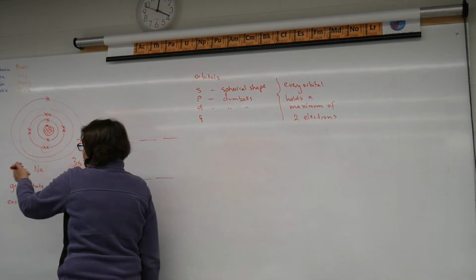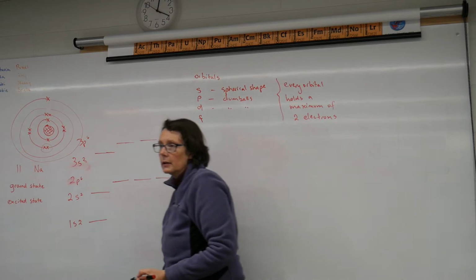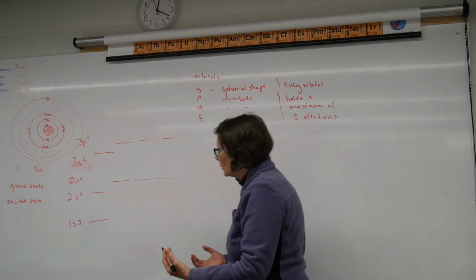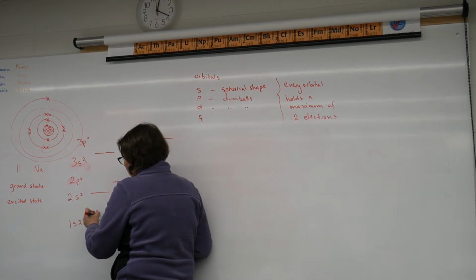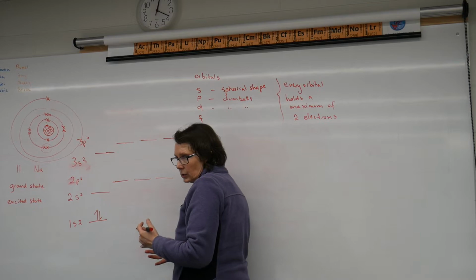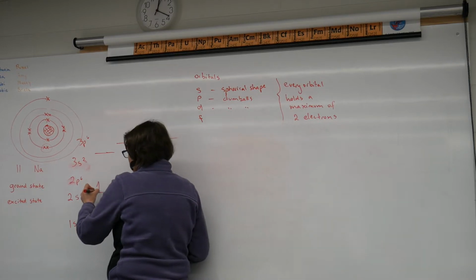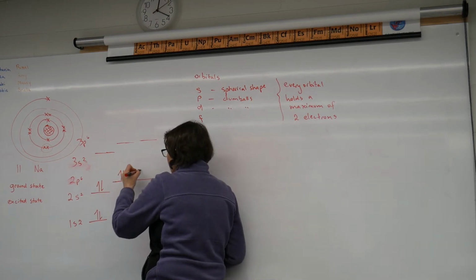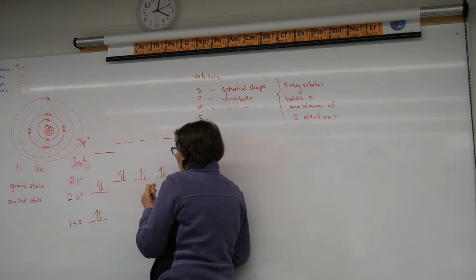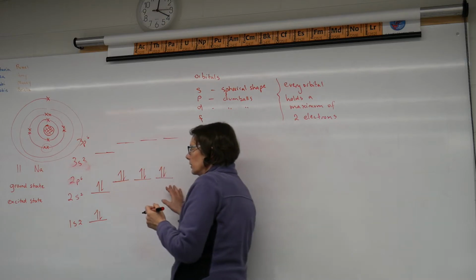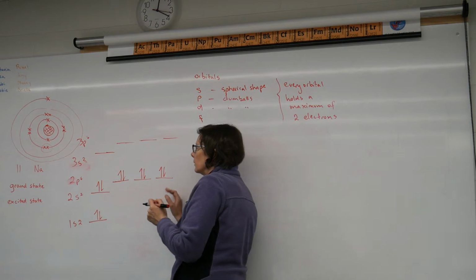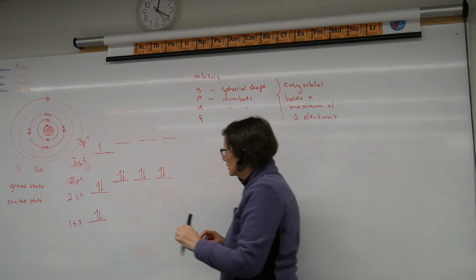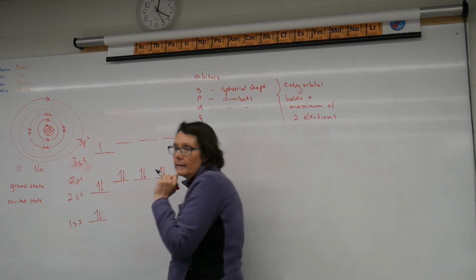Let's think firstly, remember sodium has 11 electrons. And so for the ground state for sodium, I'm going to have 2 electrons in that 1s orbital, 2 electrons in my 2s orbital, and the 2p6 completely filled, and then I have 1 electron in the 3s, don't I? 6, 7, 8, 9, 10. That's 11 electrons.